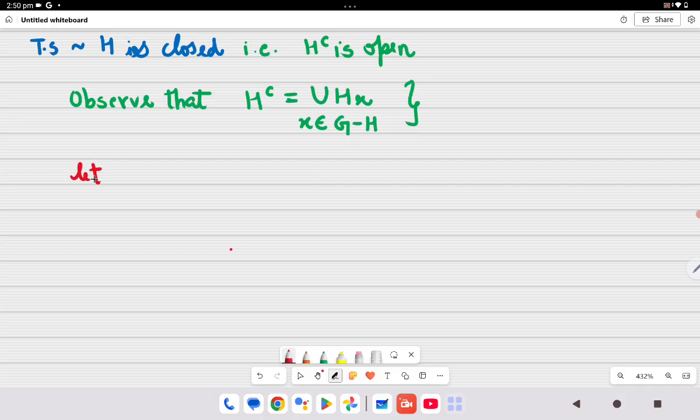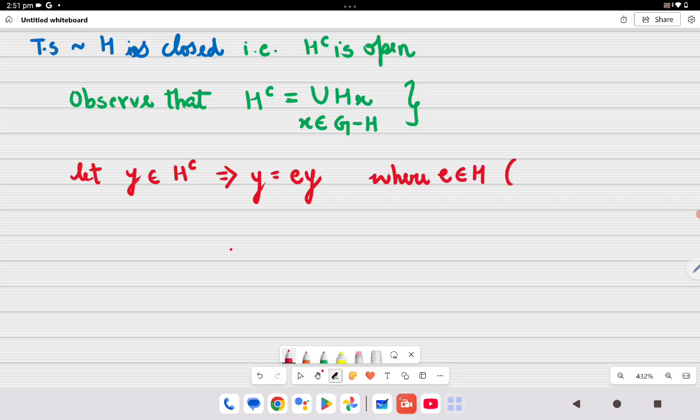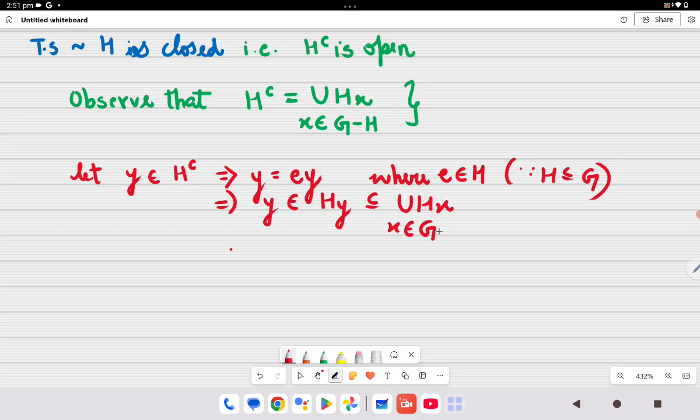So first, let me take Y instead of X. Okay, I picked some element which is in H complement. Now if it is in H complement, okay, so I can write it in the form of EY, where E is in H because H is a subgroup of group G, so it implies Y is in HY, which is contained in the union of HX where X is in H complement, right?